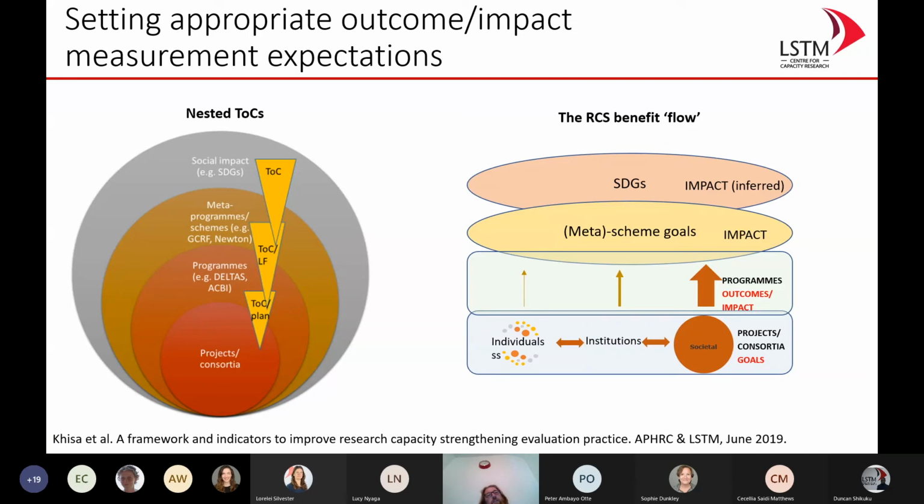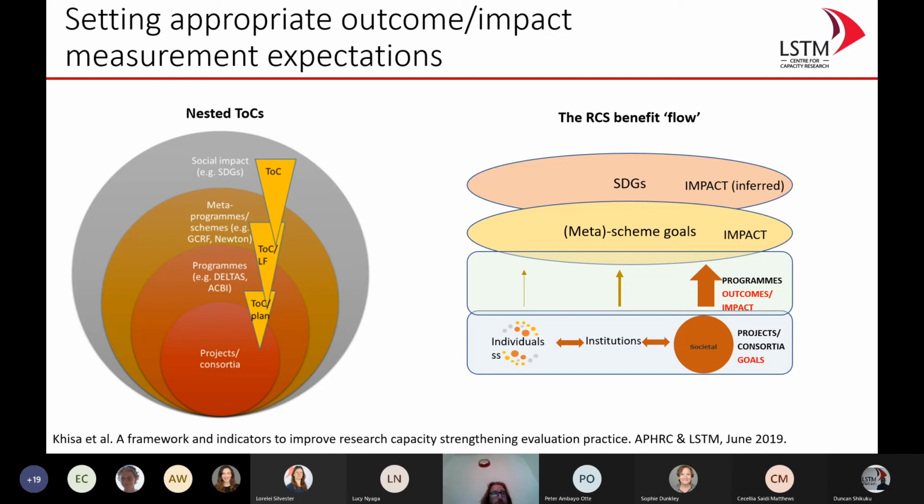The first figure here, nested TOCs or nested theories of change, attempts to promote a model where at a project level, it should not be an expectation that you develop and apply outcome or impact measures that work at that broader societal level, that can show clearly that your work has resulted in a demonstrable shift in population health or socioeconomic development as a result of having strengthened capacity.